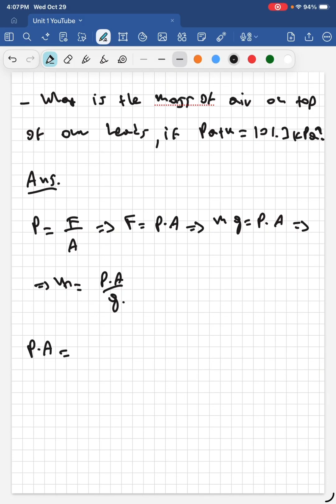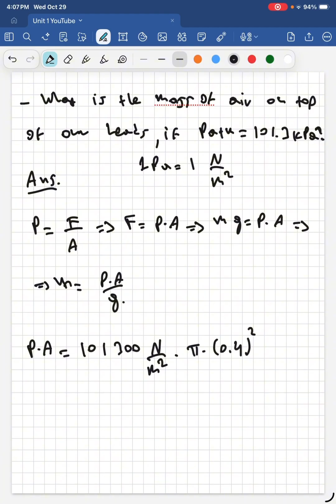pressure times area is 101,300 newtons per meter square, which is 1 Pascal. Okay, that's another derived quantity, by the way. So 1 Pascal is 1 Newton per square meter. And then the area is pi times 0.4 squared.